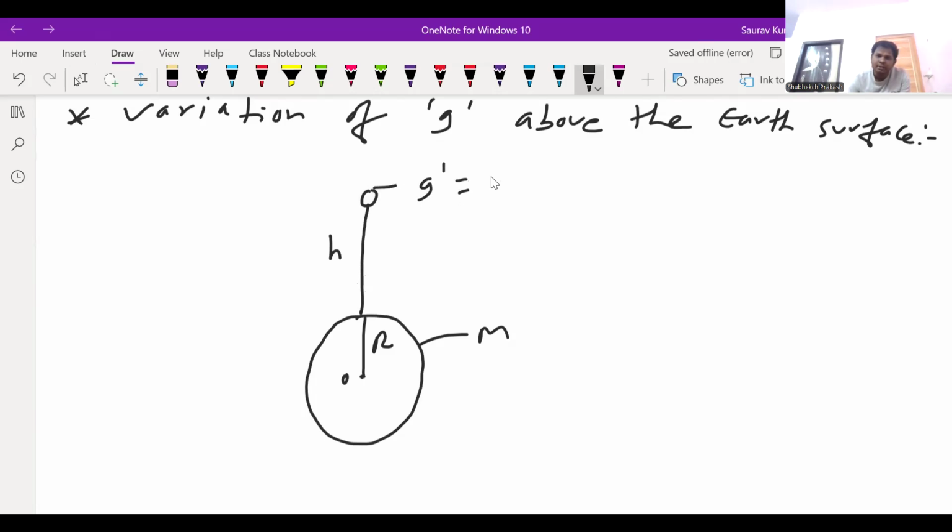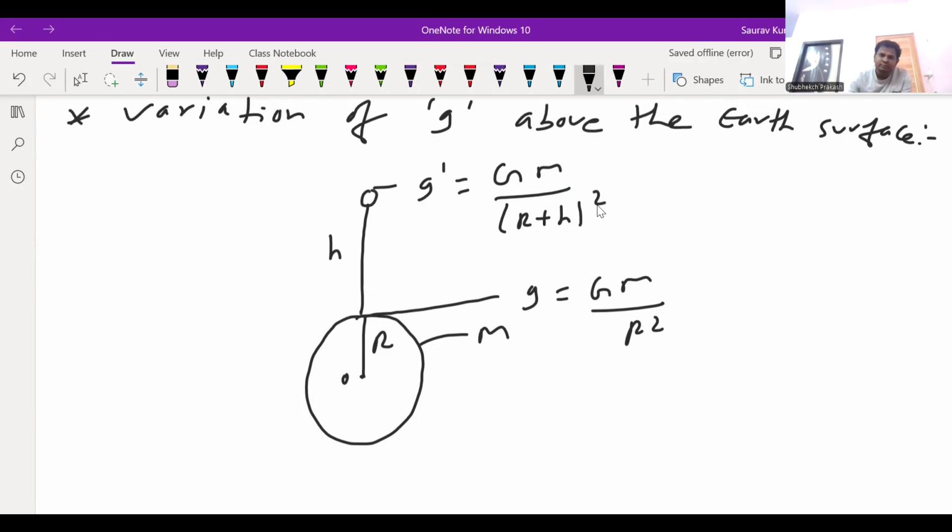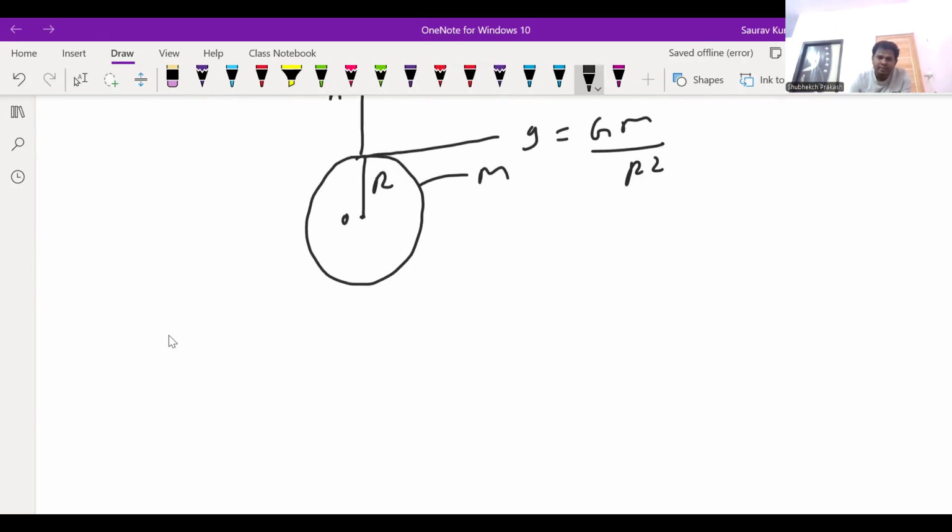We have to calculate the acceleration due to gravity above the surface. Here the acceleration due to gravity will be g dash. We have already done that g is equal to GM by R square. And here the acceleration due to gravity, how much? g dash is equal to GM by R plus h whole square.